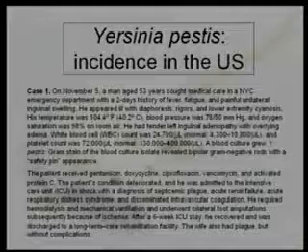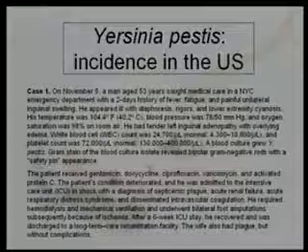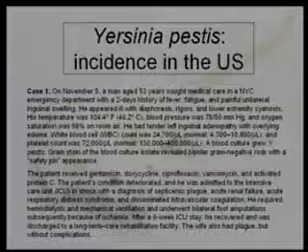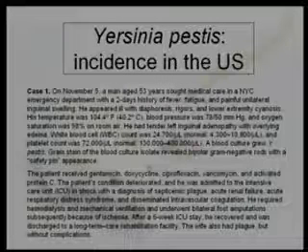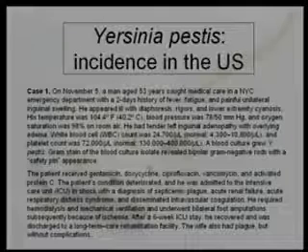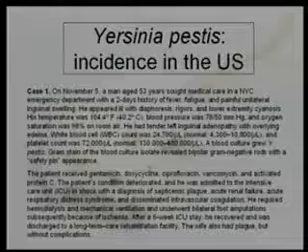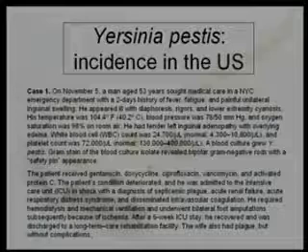He had tender left inguinal adenopathy with overlying edema, another clue to Yersinia infection. White blood cell count was over 24,000, where normal is 4 to 10, and platelet count was very low.